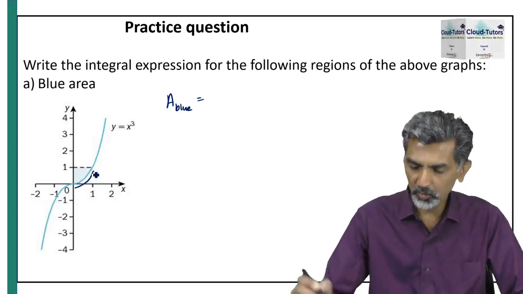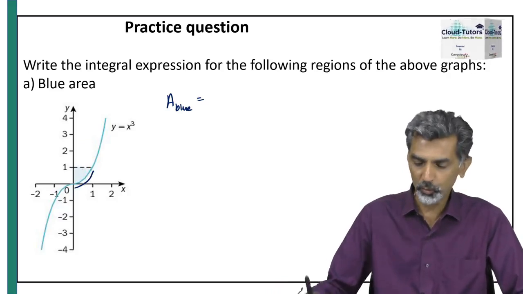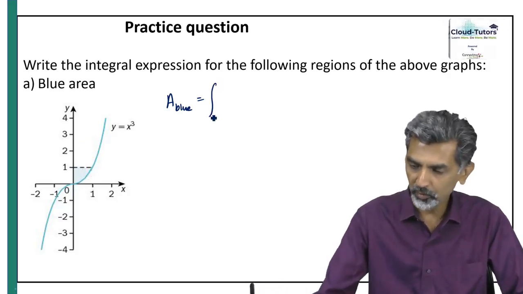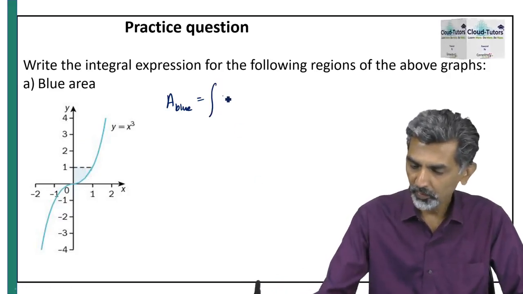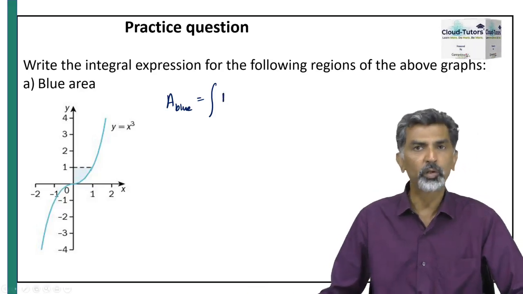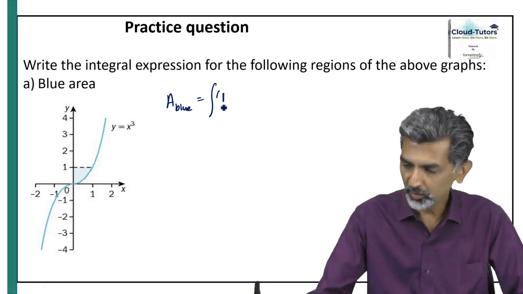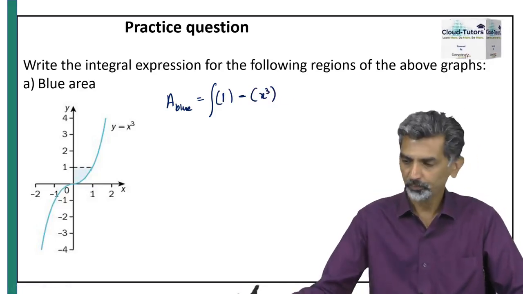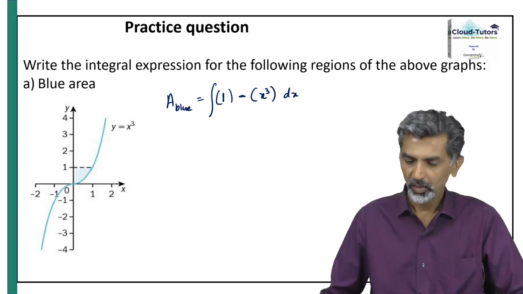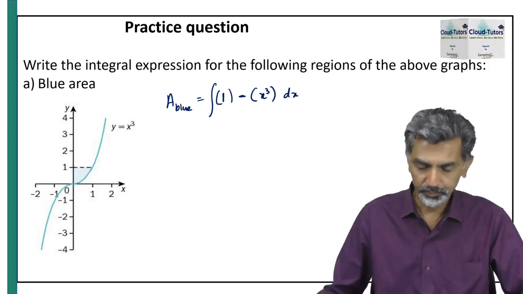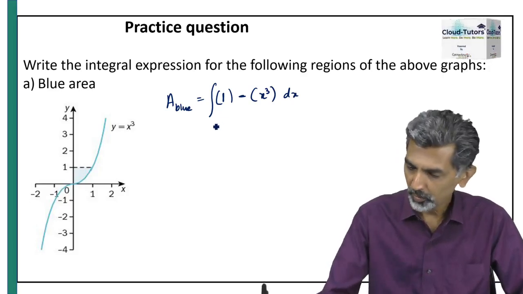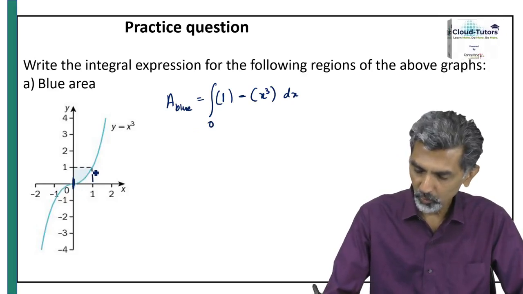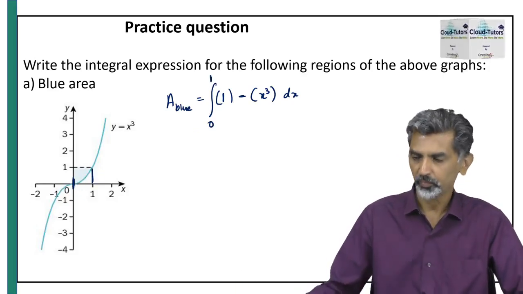The lower boundary of the region is the curve y is equal to x cube. So now it's quite easy to say 1, which is the upper boundary of the shaded region, minus x cube, which is the lower function, dx, and it's going from x is equal to 0 here to x is equal to 1.